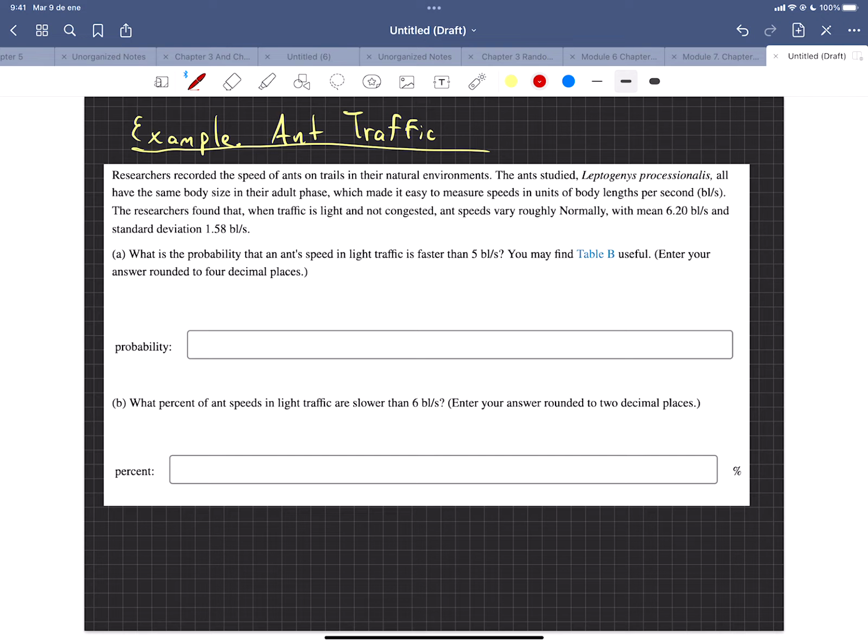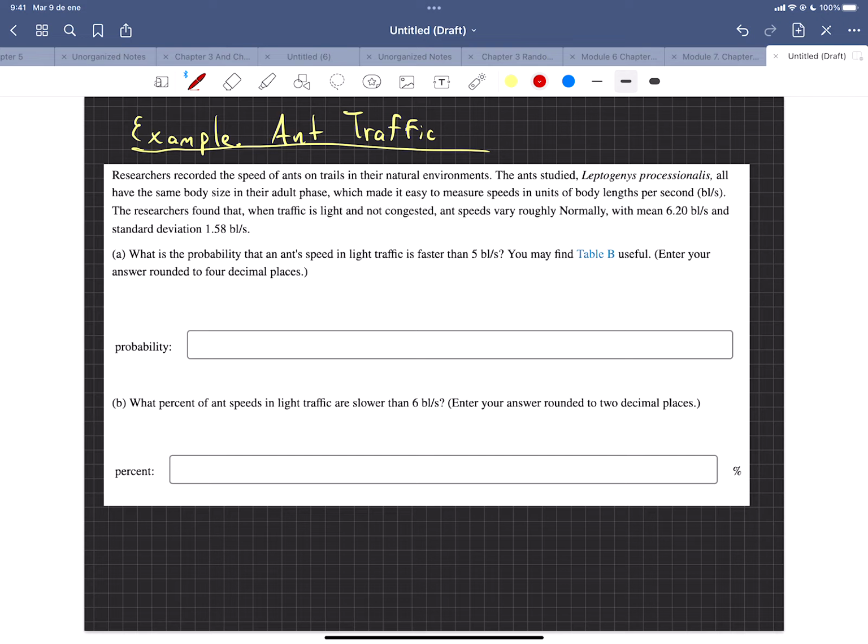Another example, ant traffic. Researchers recorded the speed of ants on trails in their natural environments. The ants studied, Leptogenys processionalis, all have the same body size in their adult phase, which made it easy to measure speeds in units of body length per second.